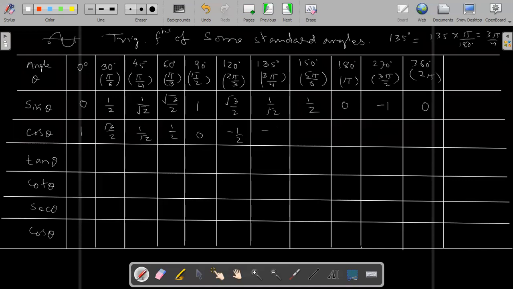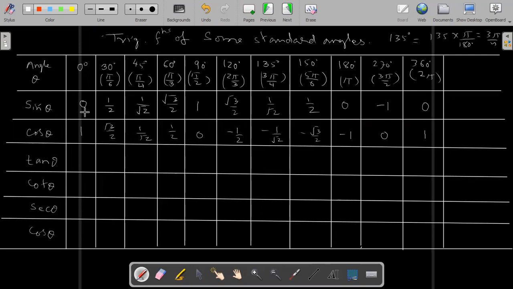Minus 1 by 2, minus 1 by root 2, minus root 3 by 2, then minus 1. Here 1 will become minus 1. And 180 is minus 1. And 270 degree will be 0. And 360 value is 1.